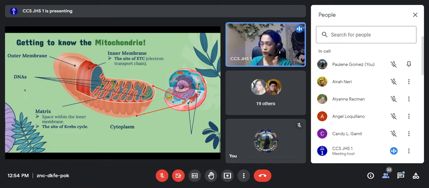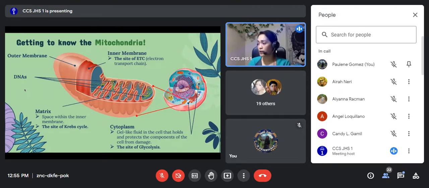Cytoplasm is actually not part of the mitochondria anymore. It's the space inside the cell itself. This is a fluid-like structure, the location or site for glycolysis, the first stage of our cellular respiration.